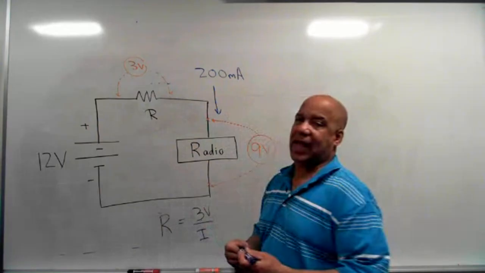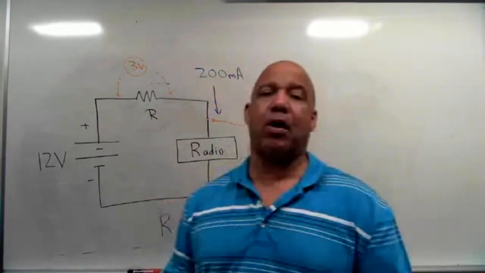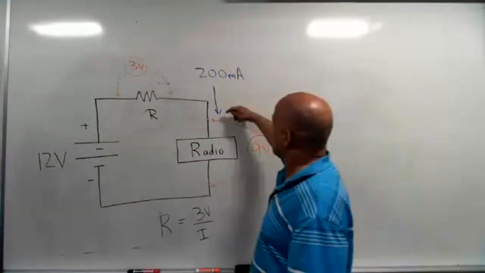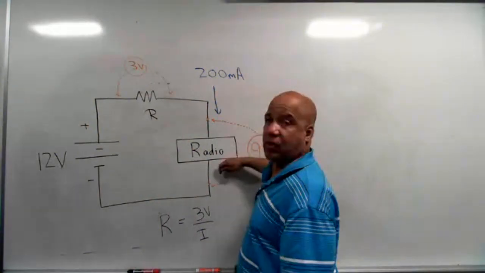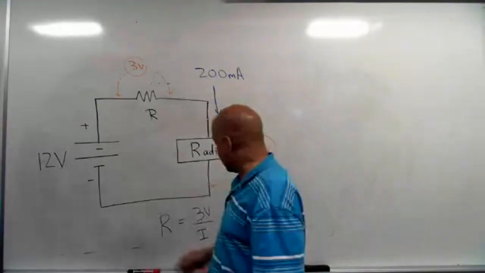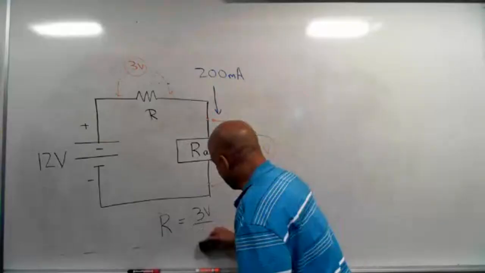I also know that I have a series circuit. And what do we say about current in the series circuit? What do we know about current? It's the same. So if this radio is going to have 200 milliamps flowing through it, that 200 milliamps has got to flow through that resistor. So I know the current in the circuit is going to be 200 milliamps.